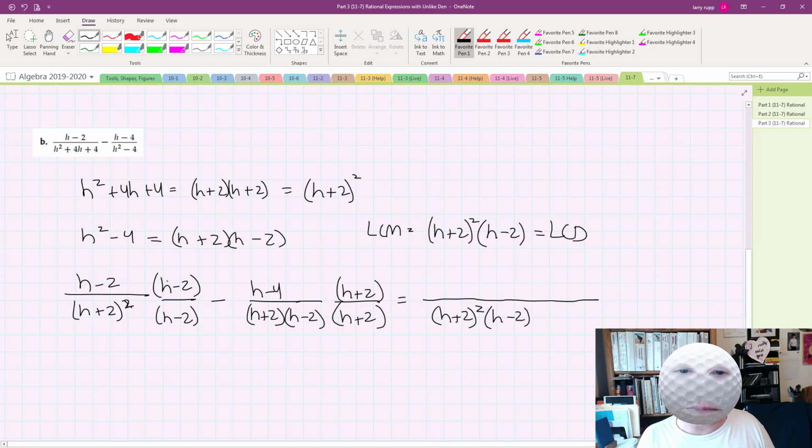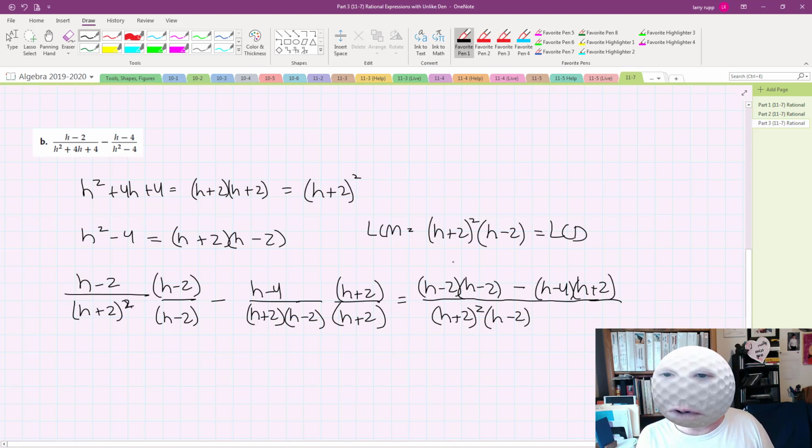Alright, so now we put this all over a common denominator of (h plus 2) quantity squared times (h minus 2). And we go through and multiply these together. I'm just going to combine them right now, so that you know what we're looking at here. We're going to FOIL this guy, and we're going to FOIL this guy.